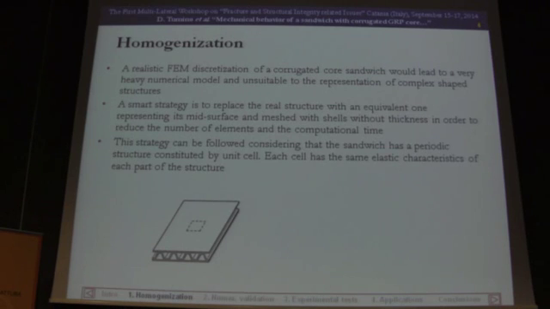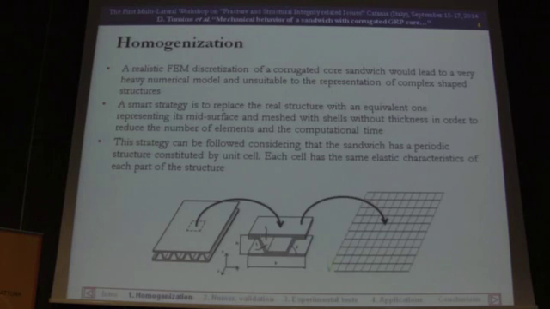So what we try to do is to replace the real structure with an equivalent one made by unit cells. Each cell has a particular stiffness that is repeated periodically, and so the aim is to obtain the equivalent stiffness of the unit cell, able to reproduce the stiffness of the original and the 3D shape of the corrugated core.